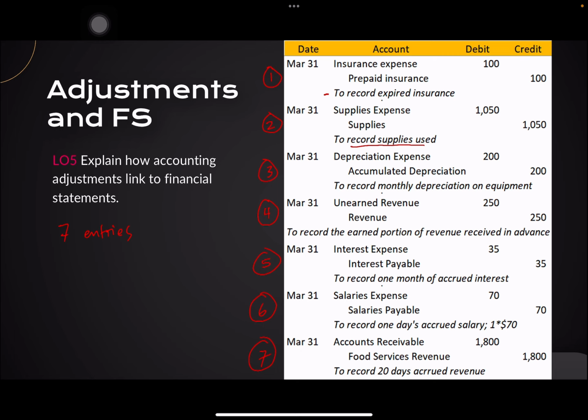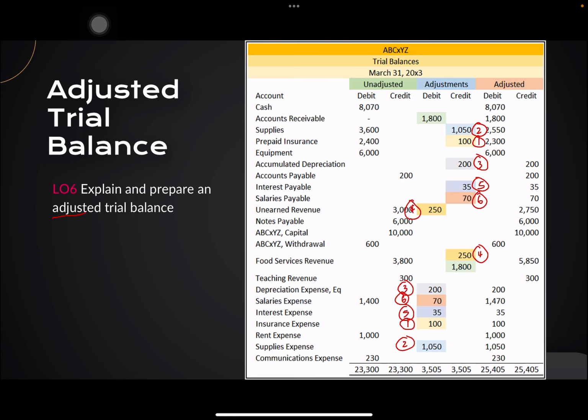So what we need to do is recognize that promise in the form of accounts receivable. Again, this is an asset. And then recognize revenue amounting to $1,800 as well. So let's trace this promise and this revenue in our worksheet. As you can see, our accounts receivable increased by 1,800, and we also increased our revenue by $1,800.